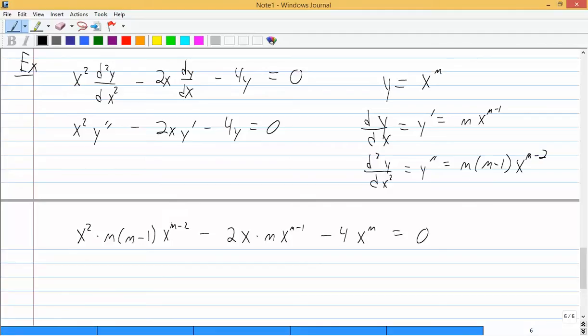Now, if I was to take and factor out an x to the m, so let's just factor out an x to the m, and let's see what that would leave. You got to be careful.